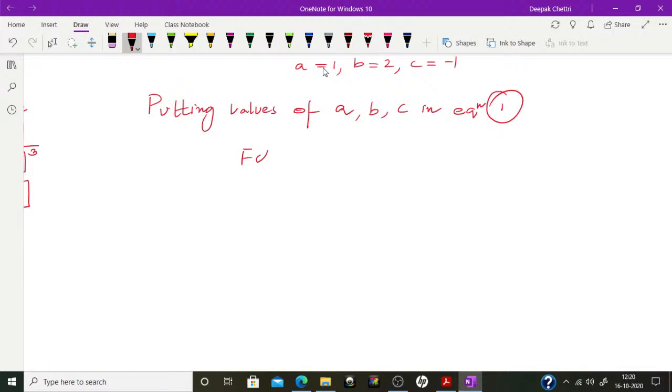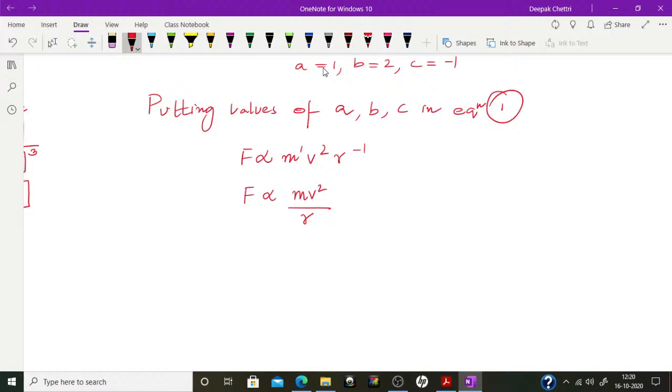F is directly proportional to m to the power a. So instead of a, I can write 1, v to the power b, b is 2, and r to the power c, c is minus 1. So F is proportional to m v square. What does to the power minus 1 mean? 1 by r.